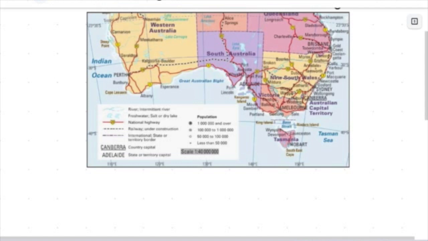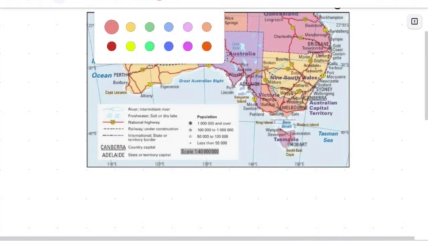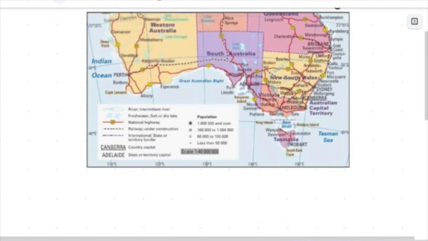And what these told us was it gave us an idea of how big something was. Obviously, Australia is a very large place. We can't put the entirety of Australia on a map, so we need to use what's called a scale factor, a scale drawing. And you can see here, we have mention of a particular scale of this map.